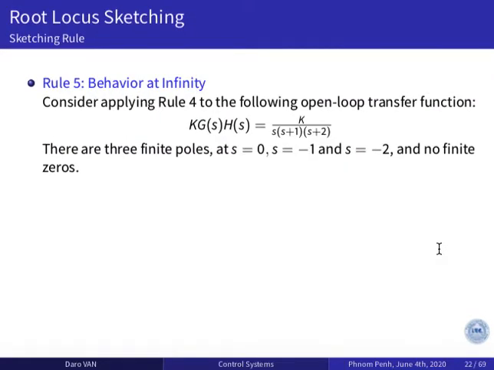And rule number 5 is about behavior at infinity. We consider applying rule number 4 to the following open loop transfer function. There are three finite poles: s equals 0, s equals minus 1, s equals minus 2, and there are no finite zeros.